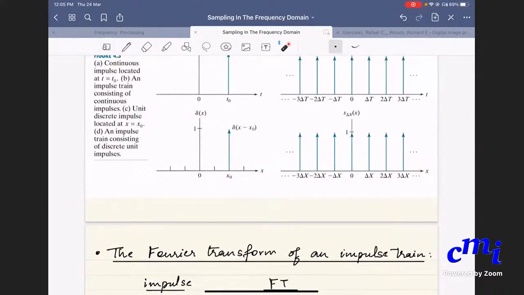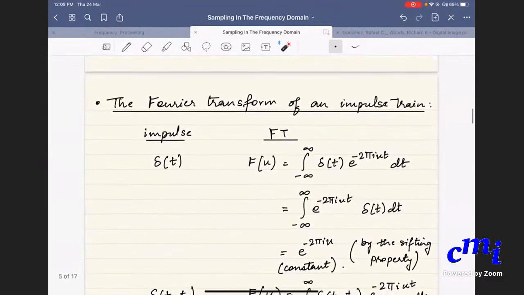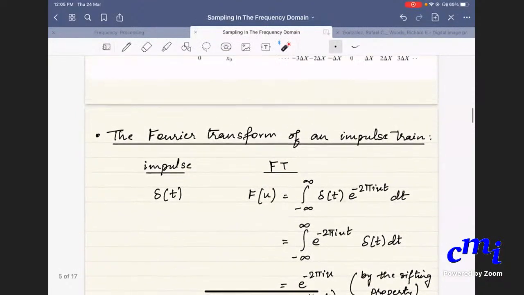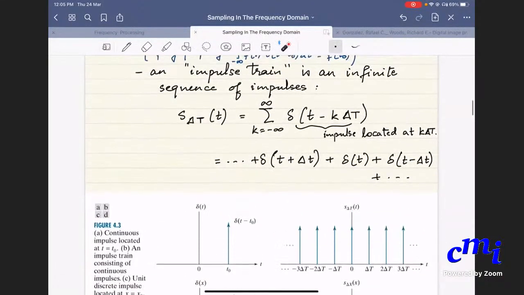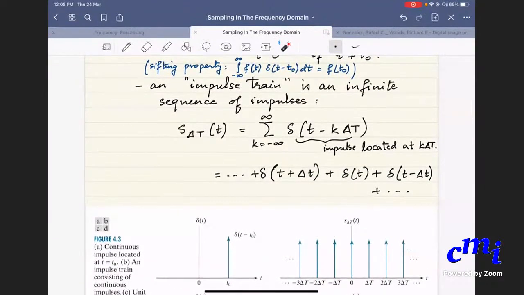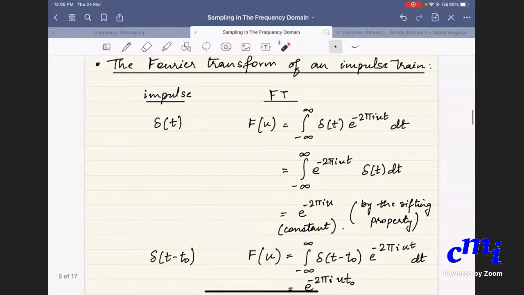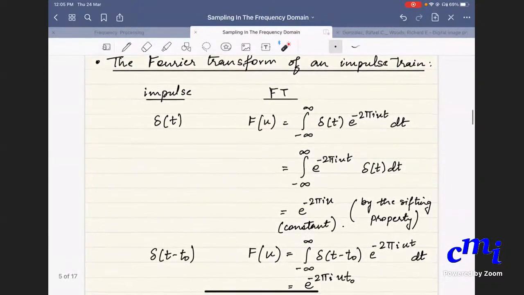And one wants to see how this impulse train is used for sampling. Okay, so before we go there, let's quickly look at this. This is a continuous function, right? We want to look at the Fourier transform of this impulse train.